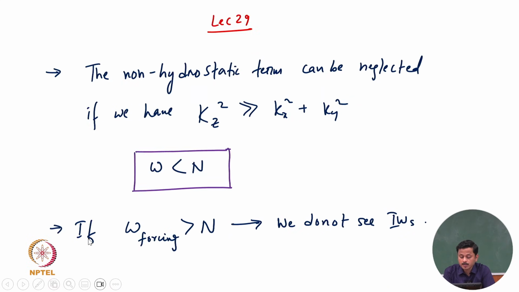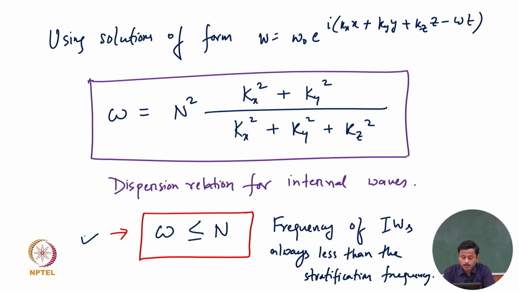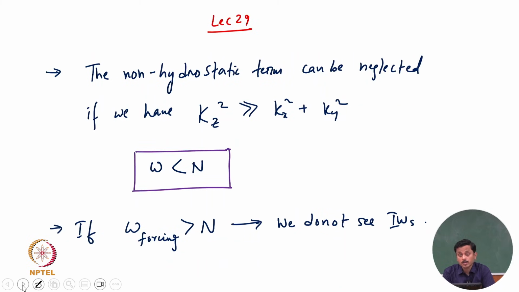We have said that this is the condition that will always be valid. The inequality does not allow us. We do not see internal waves. Instead, the disturbances form localized patches of turbulence.